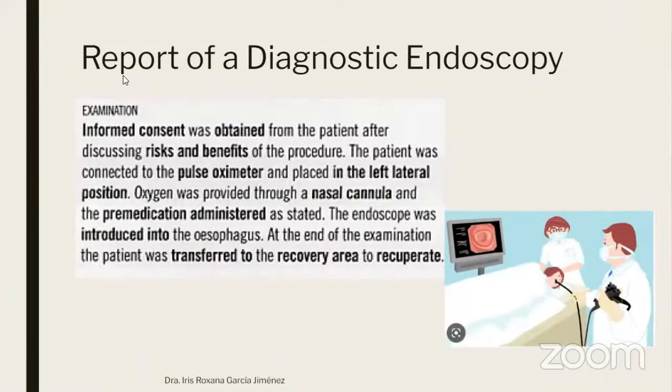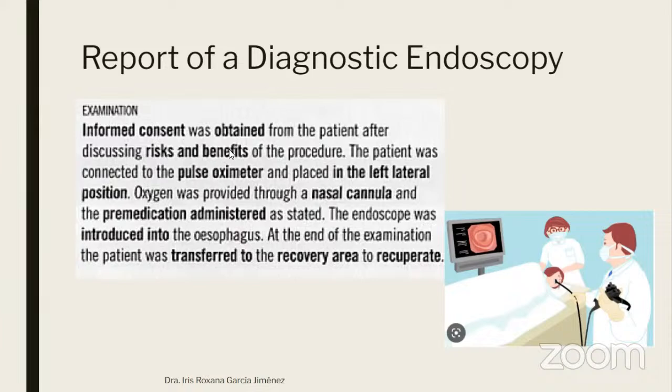About the report of the diagnostic endoscopy, we have to follow all of these ideas to ensure we are describing the whole procedure with the ballot. At the beginning, we get the informed consent. It was obtained from the patient after discussing risks and benefits to the procedure.